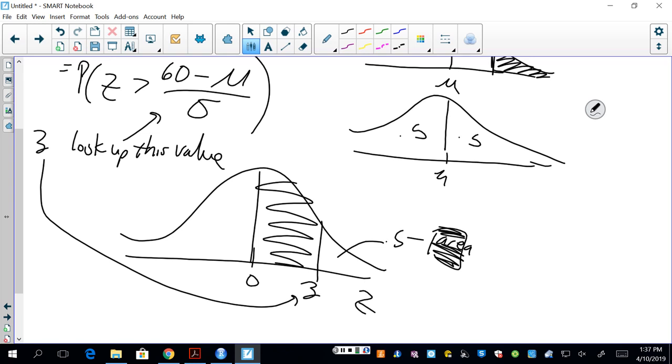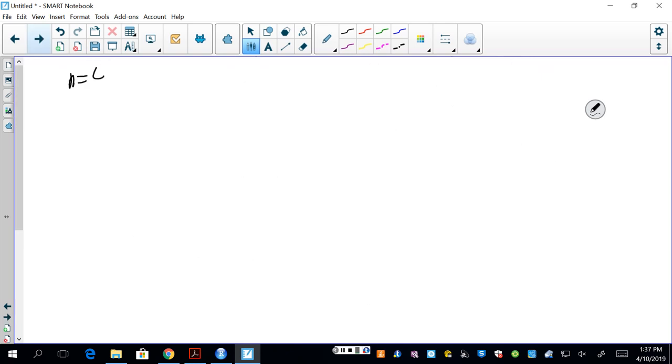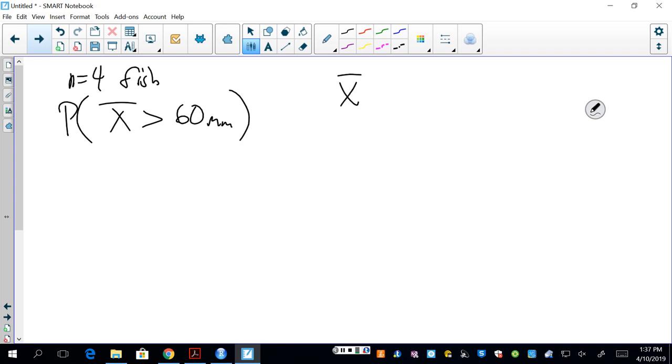Now part B is about 4 fish. So now you randomly picked 4 fish. What's the chance that... Now we're looking at the average here. This is asking what's the chance that the X bar, the average size, is bigger than 60 millimeters. Well, X bar has the normal distribution still.